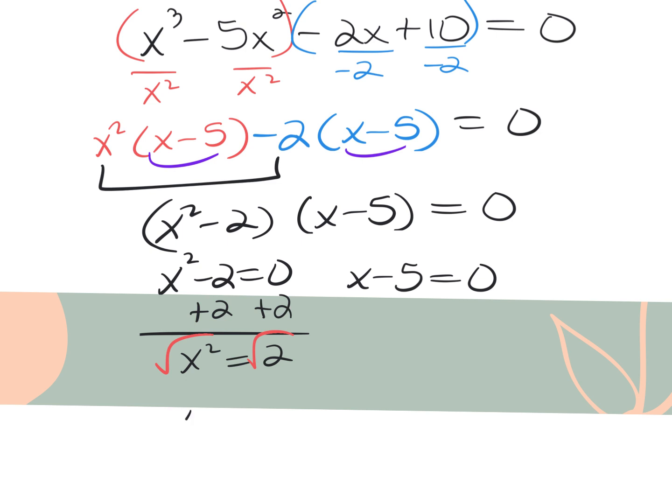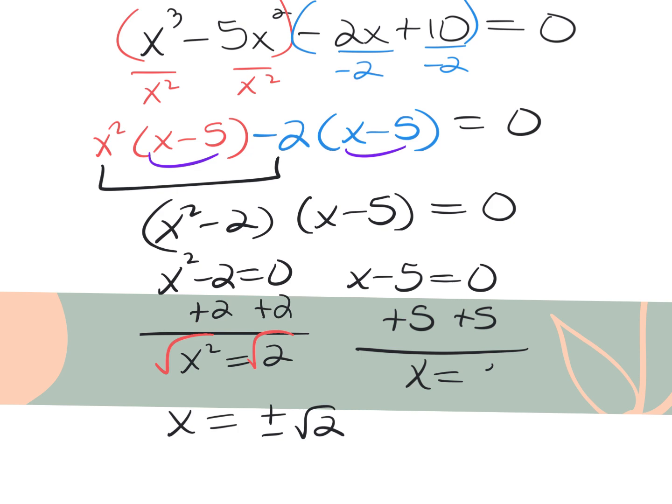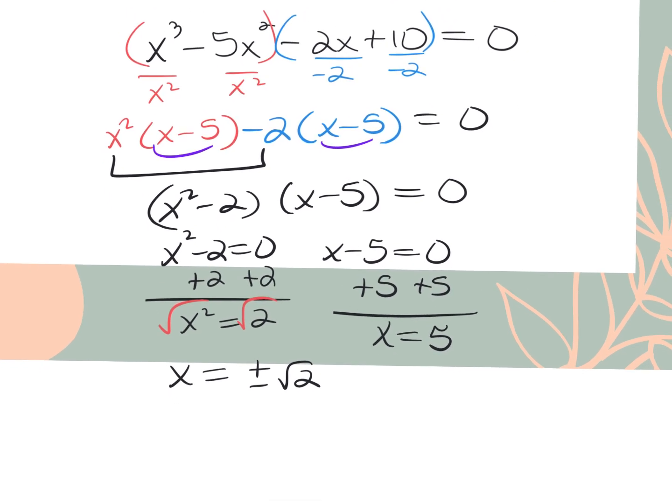And don't forget that it's x is equal to positive and negative square root 2. Over here, add the 5, and x equals positive 5. So again, we started out with an x cubed. I'm looking for 3 solutions. I have negative square root 2, I have positive square root 2, and then positive 5.